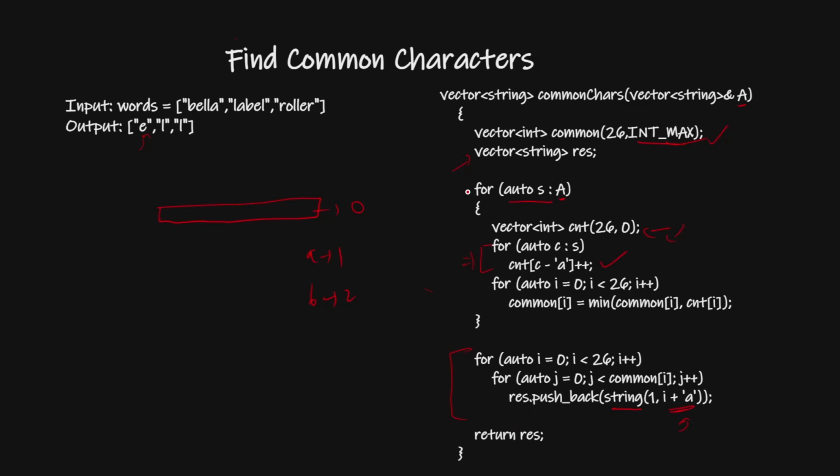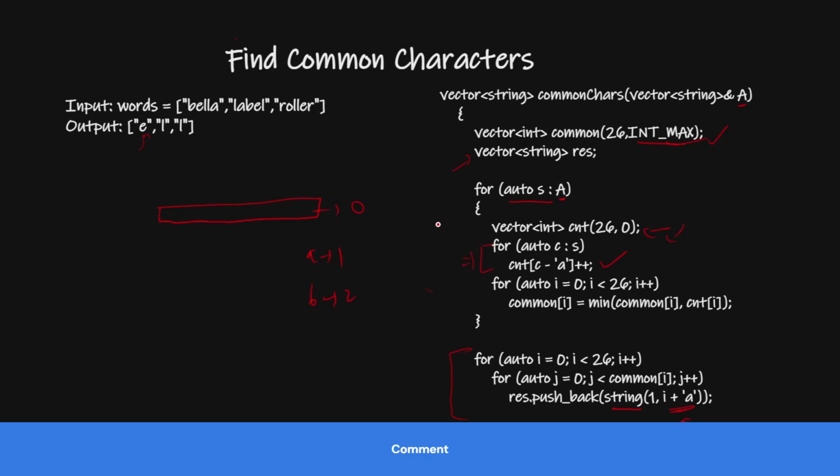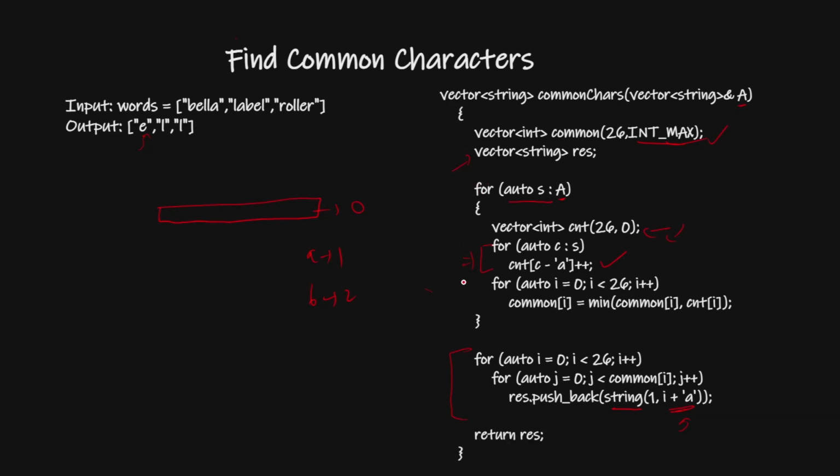So now let's understand the time and space complexity. What will the time complexity be? We are running a loop over the n strings, and each loop will run for, we can say, L time, where L is the maximum length.